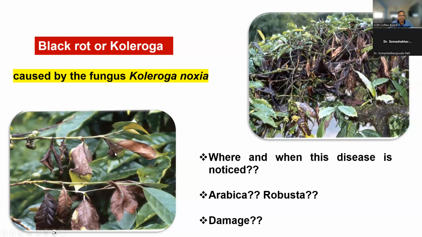In a severely infected area, the loss due to black rot is up to 10 to 20% in the whole estate. If we consider a single bush, then up to 70 to 80% of the crop is damaged due to this disease.